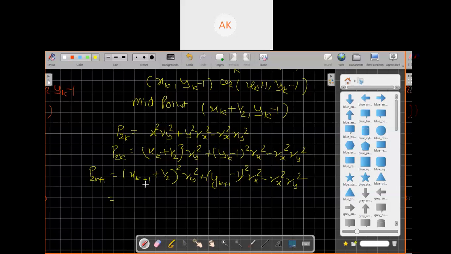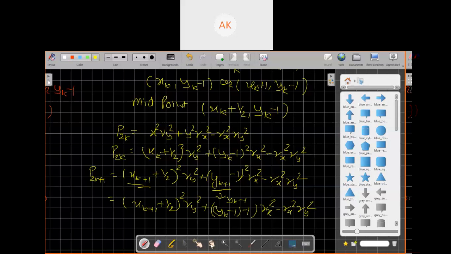Here you will change the value of xk plus 1, which is xk minus 1. You cannot write that xk plus 1 will be xk plus 1 or xk minus 1. Ultimately we are going to find the value of xk plus 1. So (xk plus 1 plus 1 by 2) whole square ry square, (yk minus 1) into rx square minus rx square ry square.